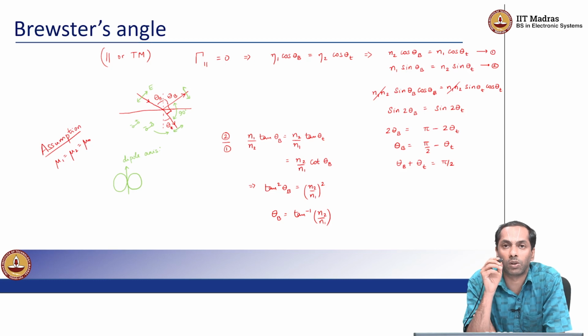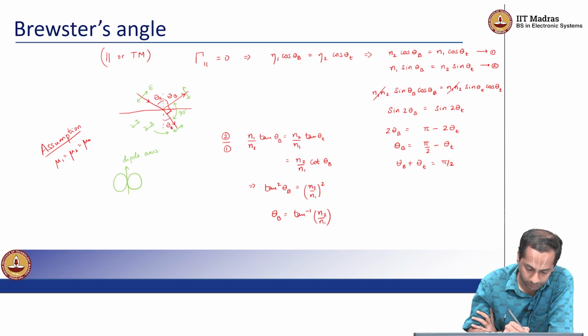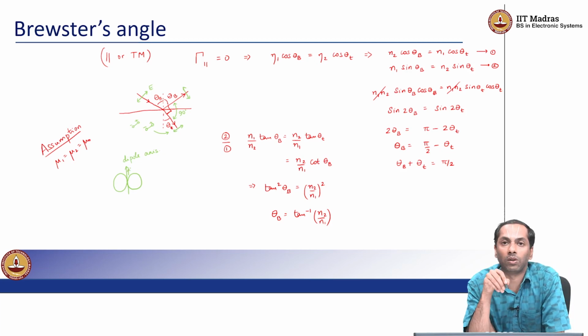So small accelerated charges coming from a point dipole have a radiation pattern which essentially says that along the dipole axis, the amount of electromagnetic wave strength being emitted by this point dipole is close to 0. It actually follows a sine expression with theta.